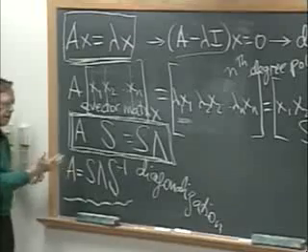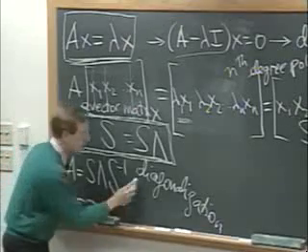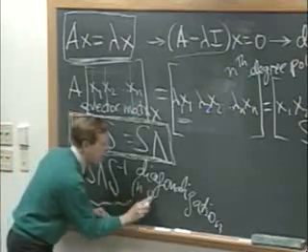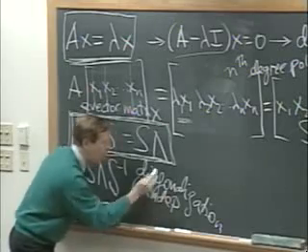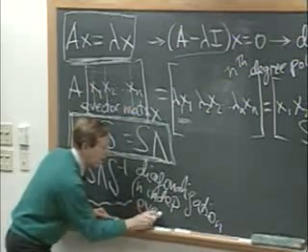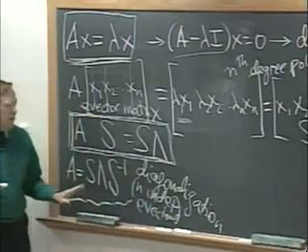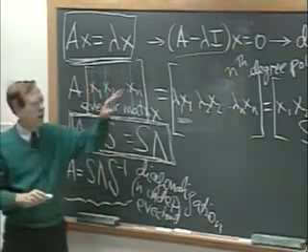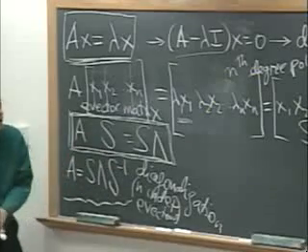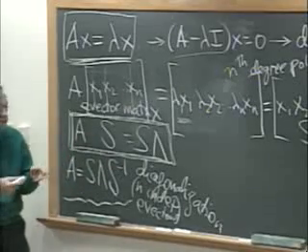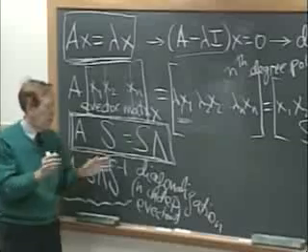So this diagonalization needs n independent eigenvectors. And as I said, that's guaranteed if the eigenvalues are distinct. If none of the lambdas are equal, then no problem.